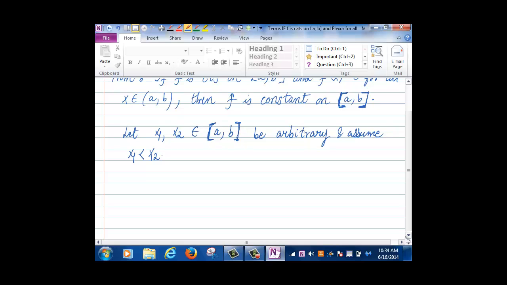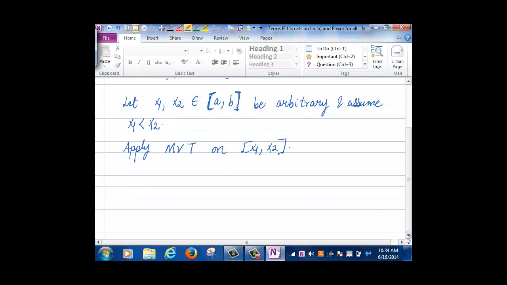How? Well, let's apply the mean value theorem on the interval from x1 to x2. What does the mean value theorem say over this interval? Well, what's the average rate of change over this interval? It is f of x1 minus f of x2 over x2 minus x1.